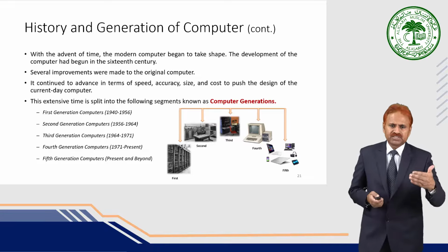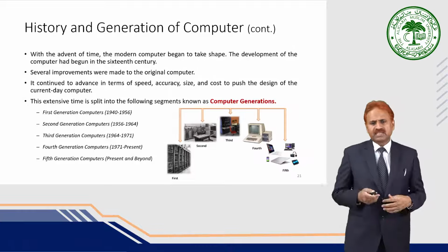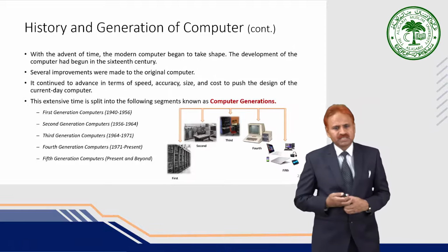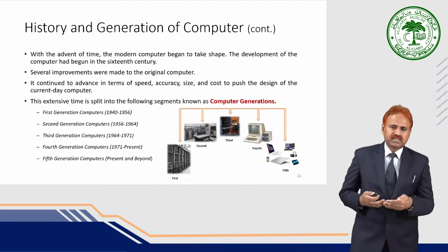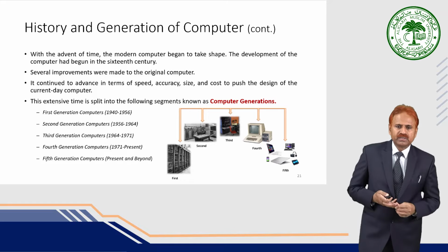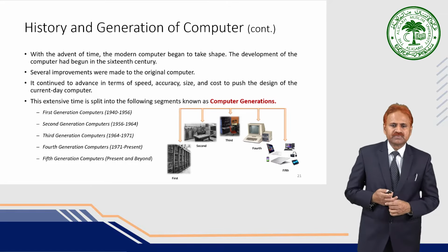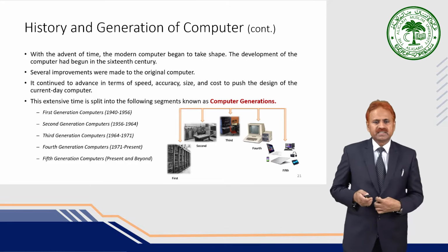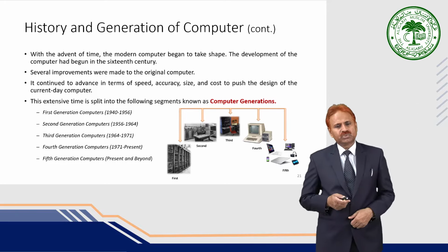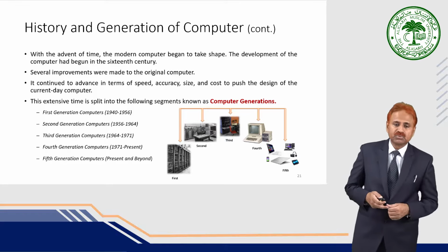First generation computers were roughly from the 1940s to 1956. The computers which were designed during 1956 to 1964 come under the second generation. Similarly, the computers which were assembled during 1964 to 1971 are known as third generation computers.